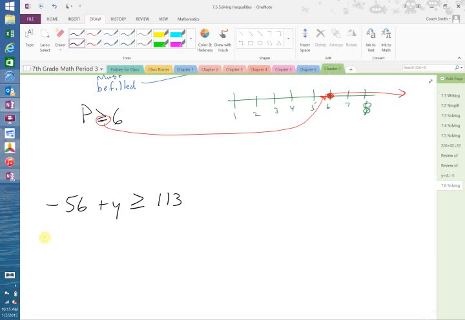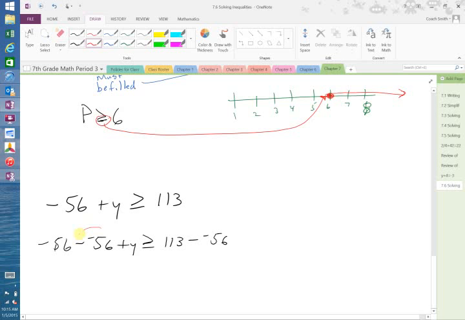Okay, so I'm going to subtract negative 56, so that's what you have. Okay, I was adding negative 56, and so here is what I added to both sides to solve the inequality.